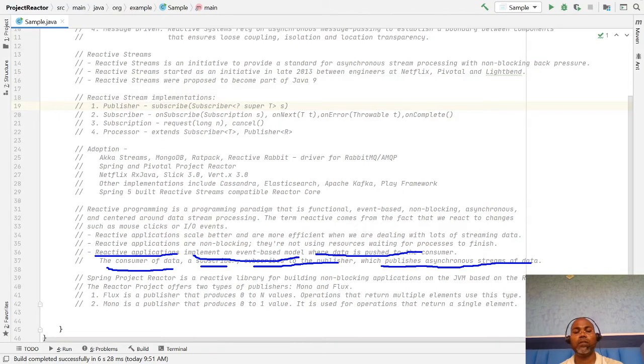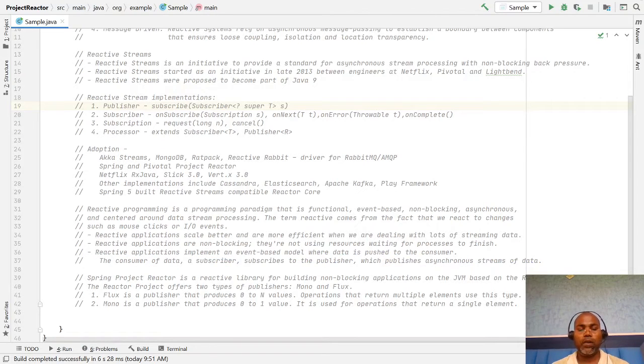But the meaning here, in the reactive stream, there are two major components.